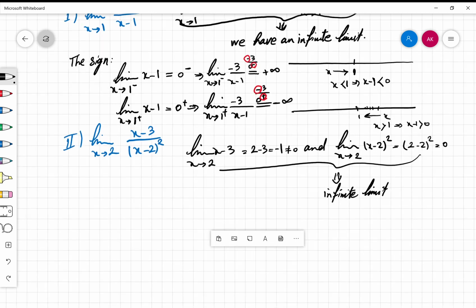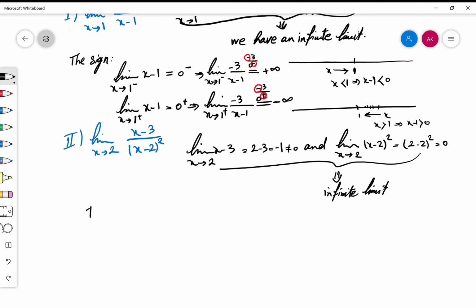But how about the sign? Here you see the denominator as x goes to 2, either from the left or right, doesn't matter. The limit will be 0, negative 0 or positive 0, yes? In other words, it will approach 0 either from the left or right.